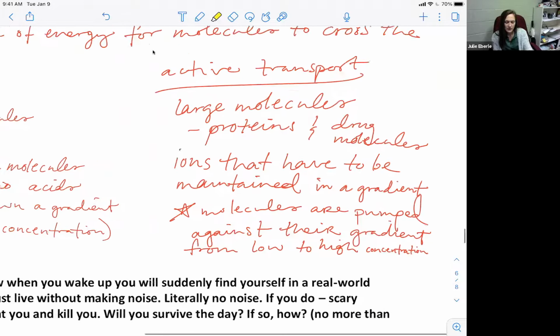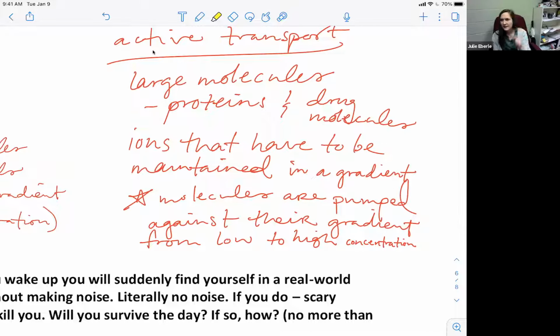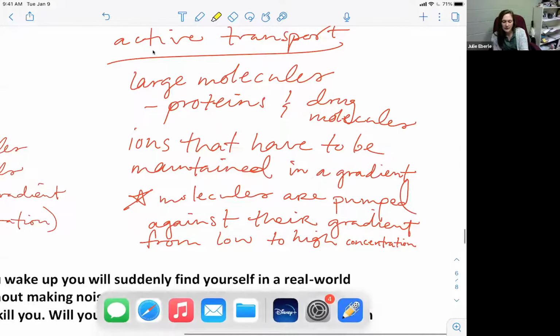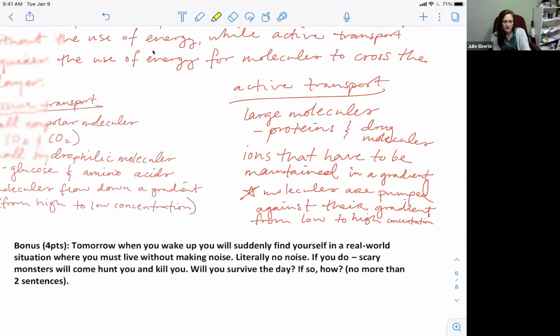Active transport, the molecules are pumped against their gradient so that the gradient is maintained. You take molecules from an area of low concentration and you put them in an area of high concentration to maintain the gradient, and that takes energy because you're pushing them again. They don't want to go that way naturally. Naturally, they're just going to flow down the gradient. But when you apply energy, you can pump these molecules against their gradient to maintain the concentration differences.